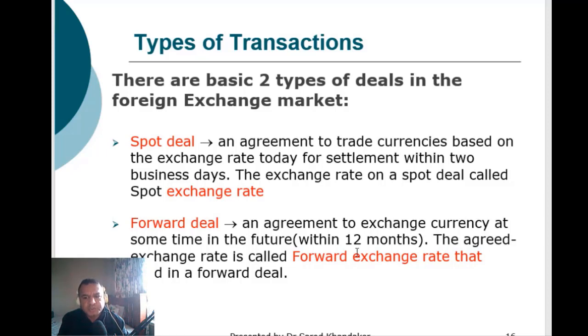So you need to do the settlement within 2 business days. On the other hand, the forward deal is an agreement of exchange currency at some time in the future and generally within 12 months. The agreed exchange rate is called the forward exchange rate because you are fixing the rate for the forward price, and it is basically within 12-month period. So it's called the forward deal.